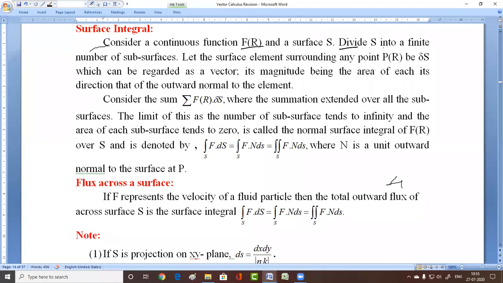Divide S into a finite number of subsurfaces, as already discussed in the picture. Let the surface element surrounding any point P be delta S. So if you take a point P on the surface, the surrounding area is delta capital S. So delta capital S is the vector area. Vector area is n, the unit normal at the point P, into small s. Small s is the small area on the surface, which can be regarded as a vector. So delta S is a vector.